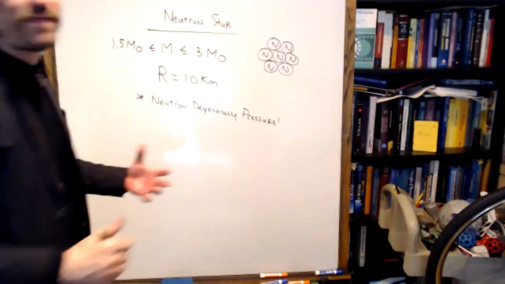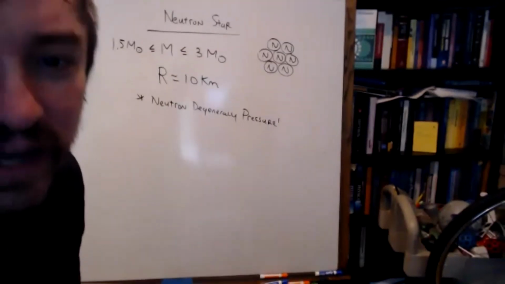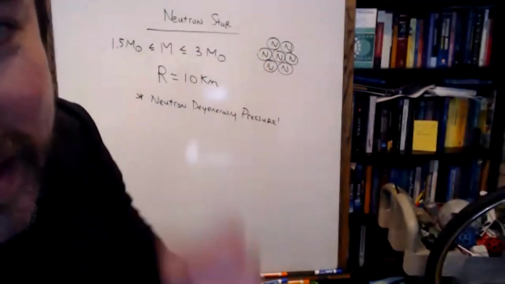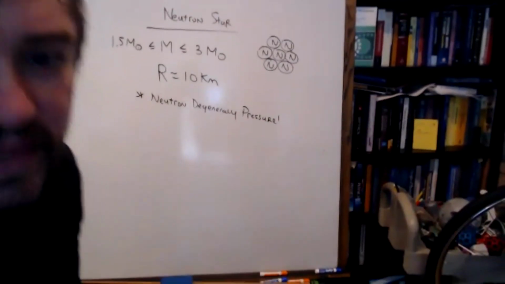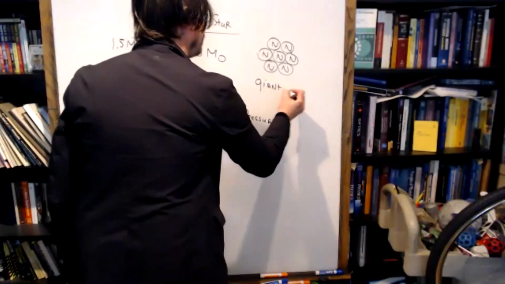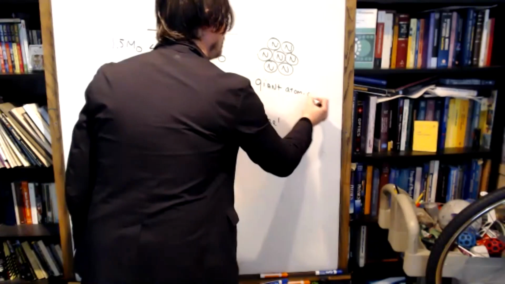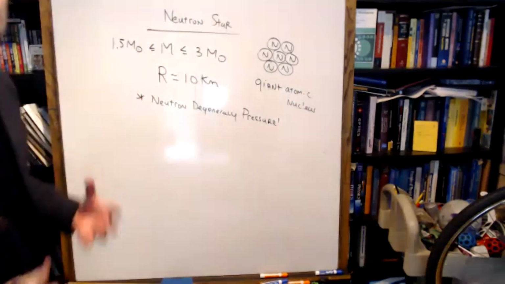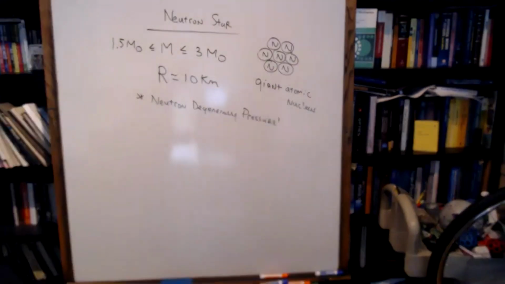You'll remember that we define an atom by its number of protons. The number of protons in a neutron star is, well, in principle, 0. That means you're basically dealing with a sort of giant atomic nucleus, right? This thing resembles a giant atomic nucleus more than it does a ball of carbon or some other material.